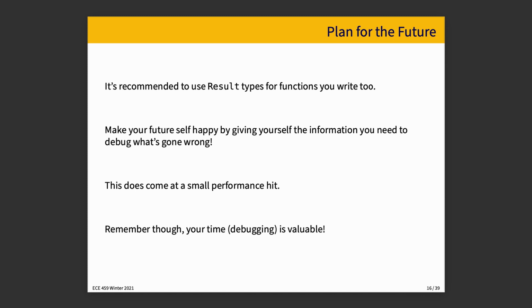And so yeah, it is better in that sense, because your time in terms of debugging what went wrong is valuable, and that's something that you could save by having a little bit more time invested into developing the code and putting the result types, even if it comes with a little performance penalty as a result of creating and unpacking those result types.